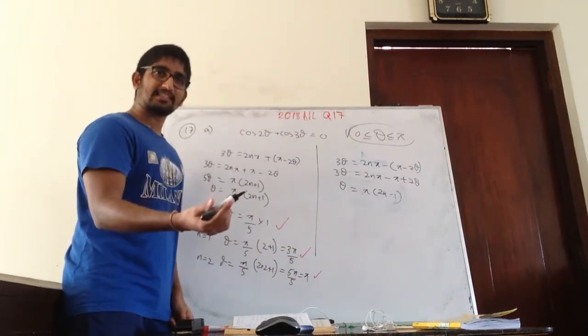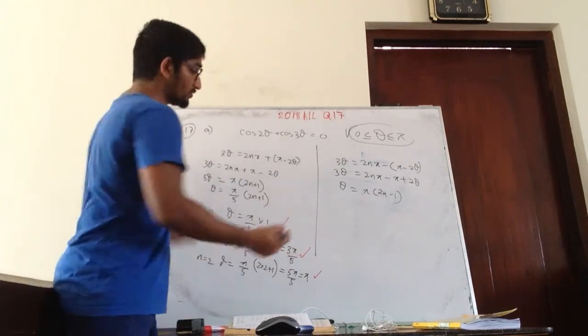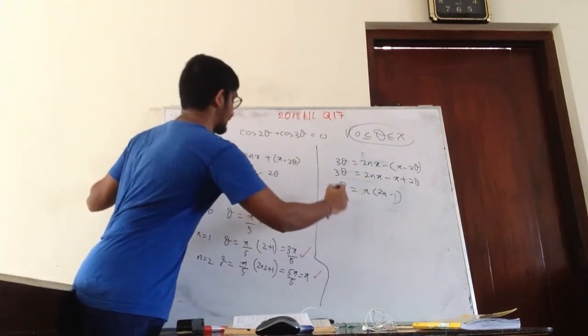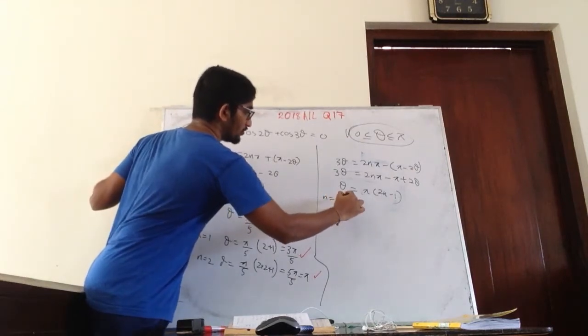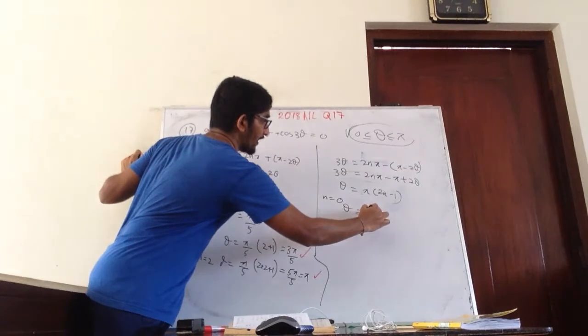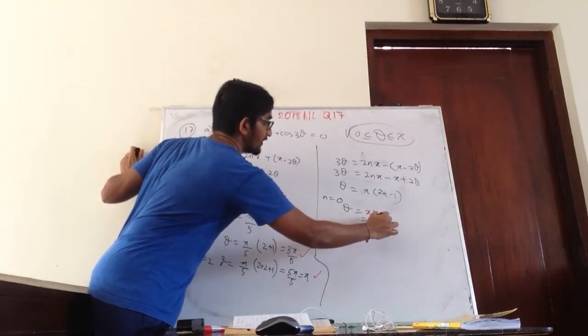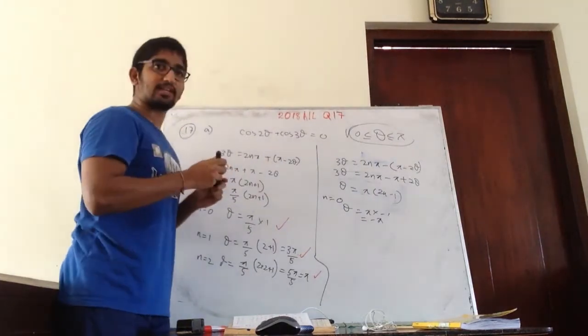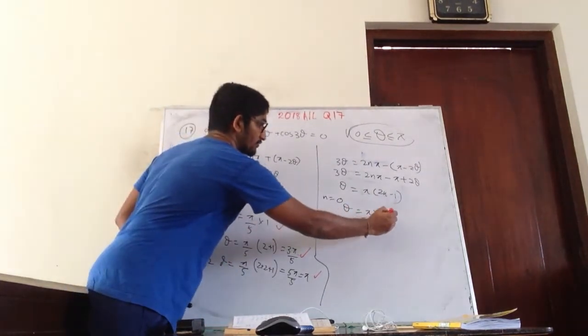So now n equals 3 need not be considered. Right? So now we have to see this part. When n equals 0, theta will be phi into minus 1. So minus phi. So minus phi is not in this range. Right? So this is wrong.